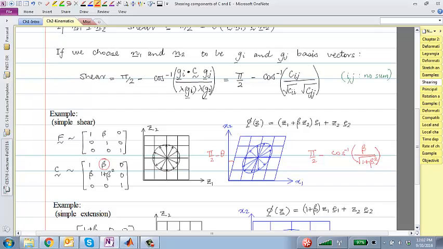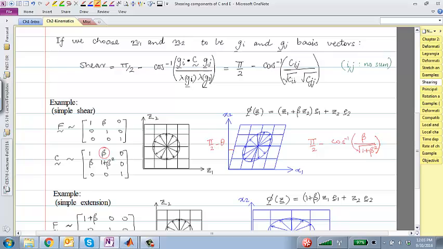If you simplify this, let's do that actually. If beta is small, if the amount by which this stretches, that beta, is small, then the denominator 1 plus beta square can be treated as 1. And what we have then here would be pi minus 2 beta.